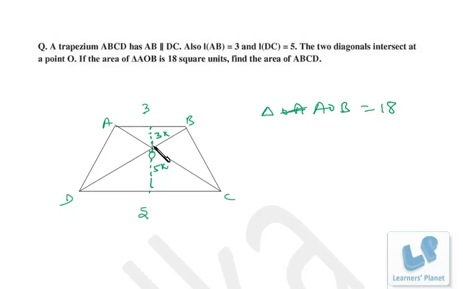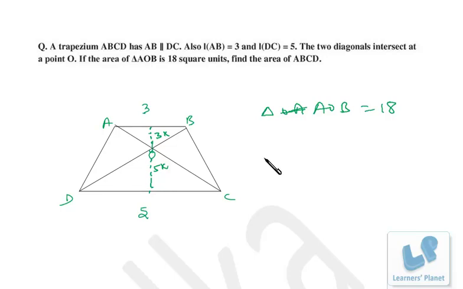We have to use a constant here because the altitude may be 3, or any other bigger number. So this is 3K and similarly this is 5K. The ratio of all the sides will be the same in both triangles since they are similar to each other. In that case the entire length is 3K plus 5K, 8K. That is the height of the trapezium.